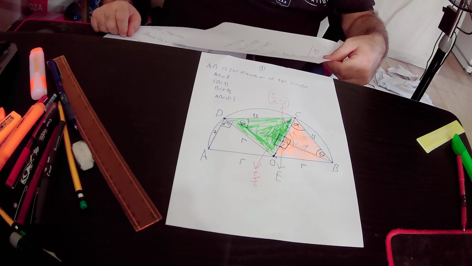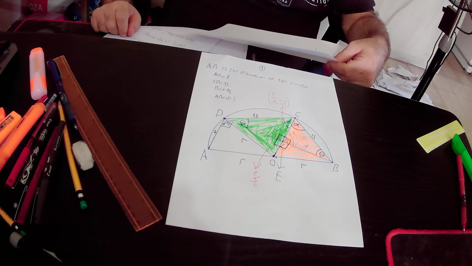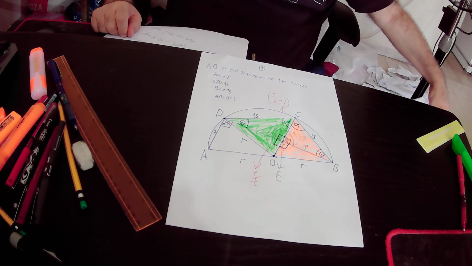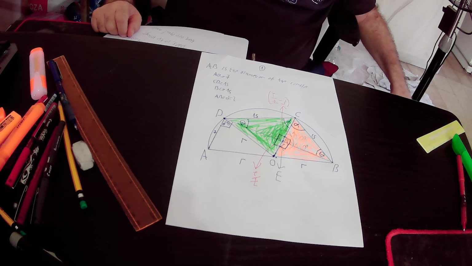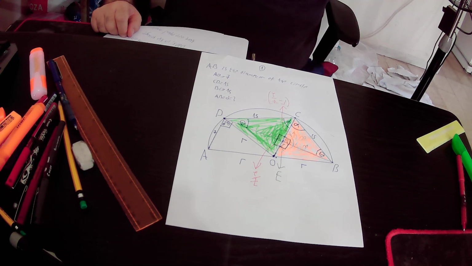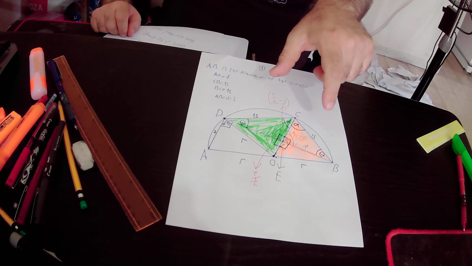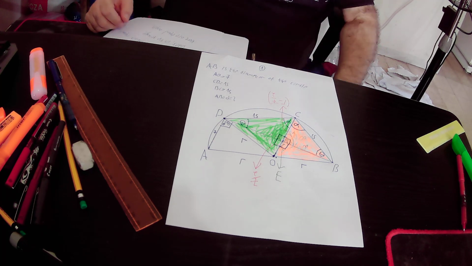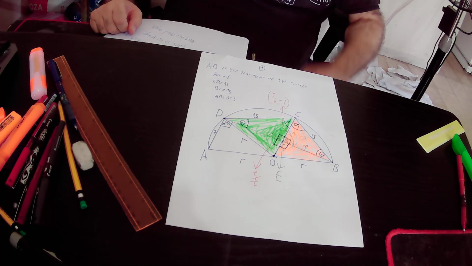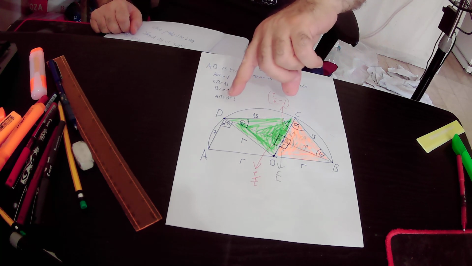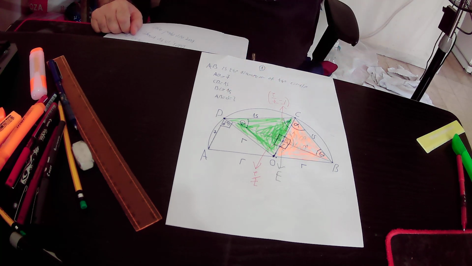Okay. Then we focused on triangle DCB. On this triangle, we know that BC equals DC equals 15 units. It is given in the question.